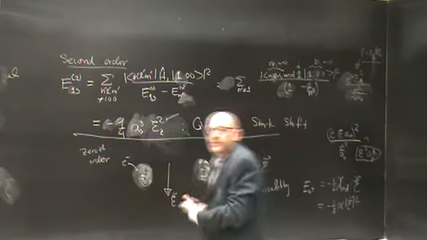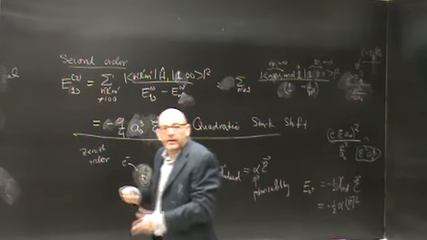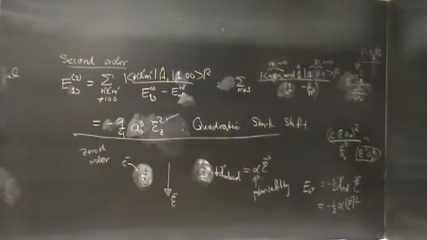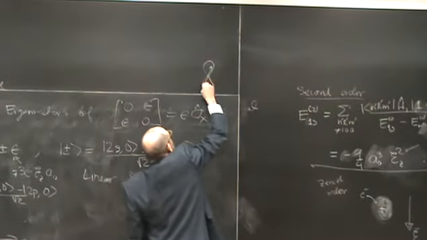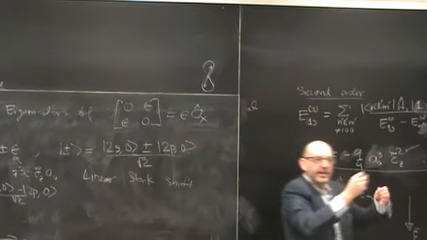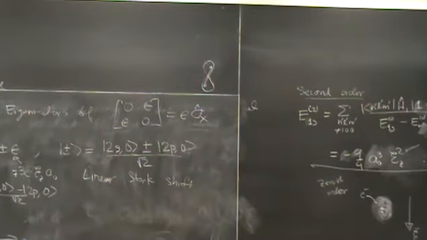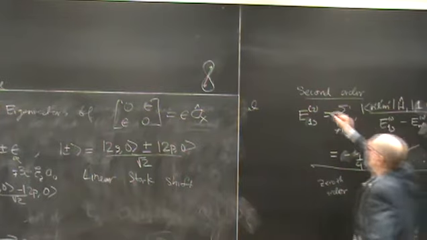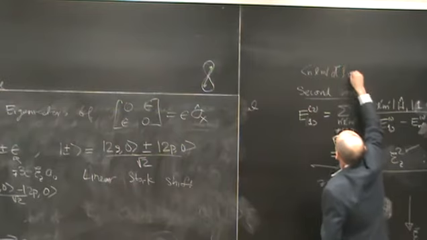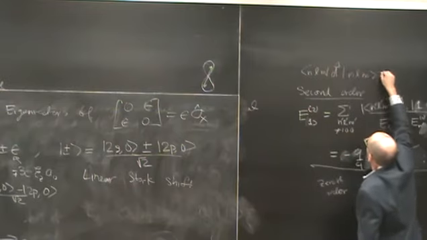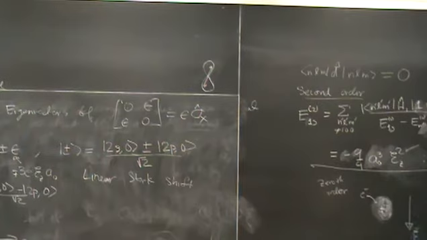It doesn't matter that this was a p state. This has equal probability for the electron to be here or here. There's no displacement of the electron relative to the proton. The mean dipole moment, no matter what state I'm talking about, is 0. So how in the world do we get a first order shift?